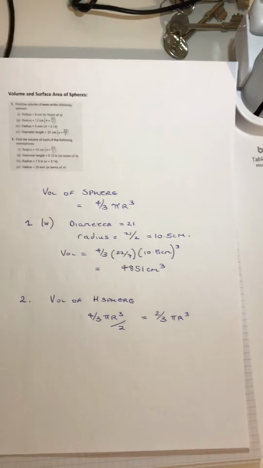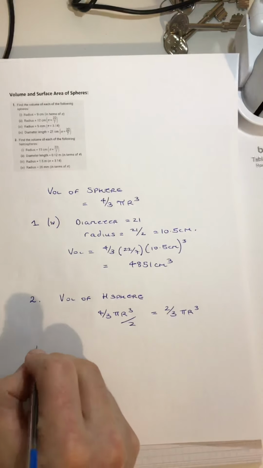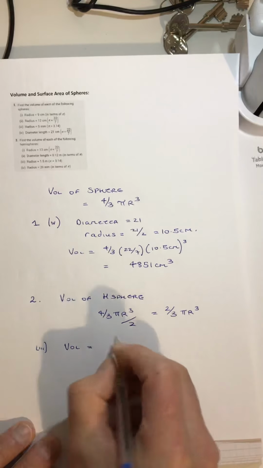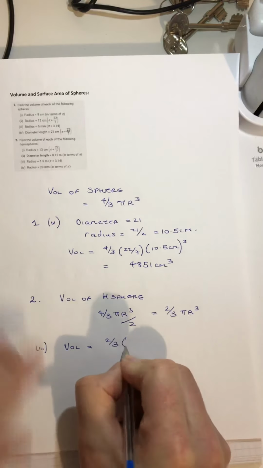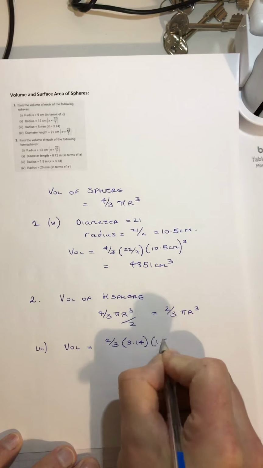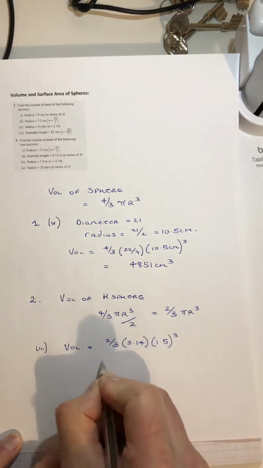Okay, so for part 3, the volume of the hemisphere will be equal to 2 over 3. Pi is 3.14 and the radius is 1.5 cubed.